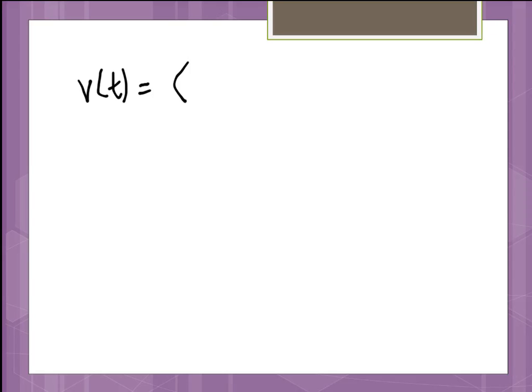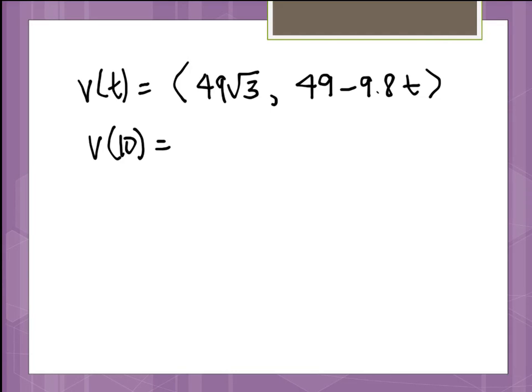So I can actually use the 49 square root of 3, and then what was the other one? 49 minus 10. Okay, is that okay? All right, and then we're going to evaluate that, like you said, at time 10.